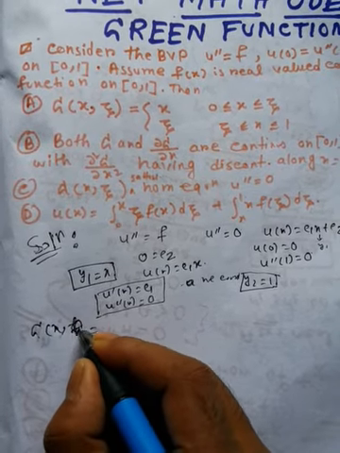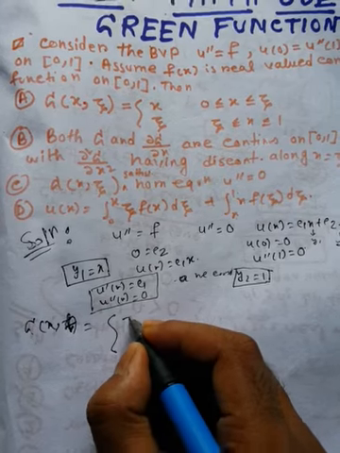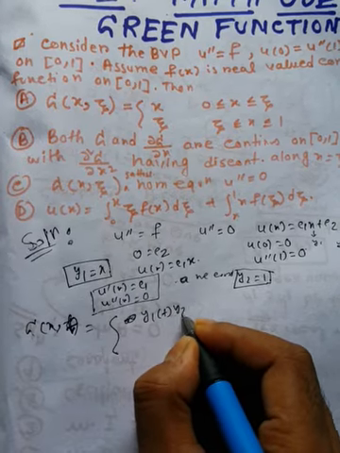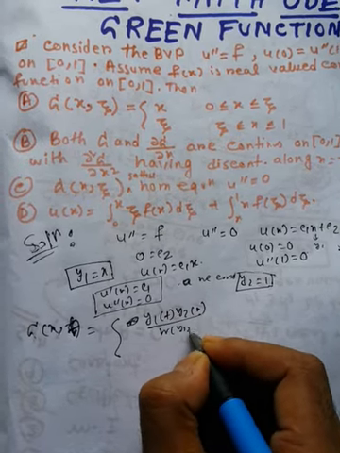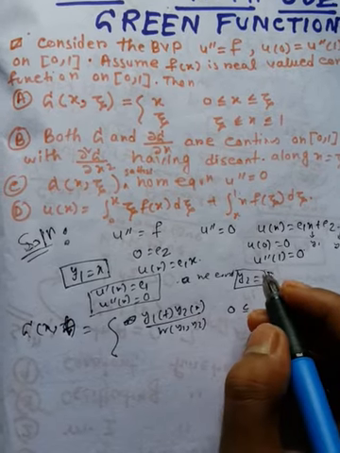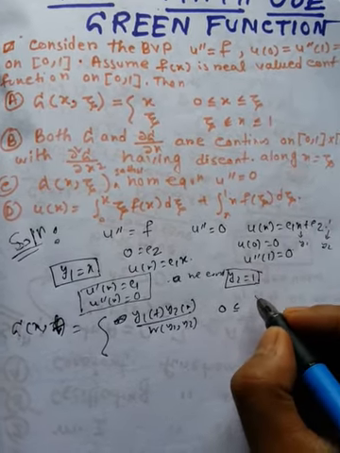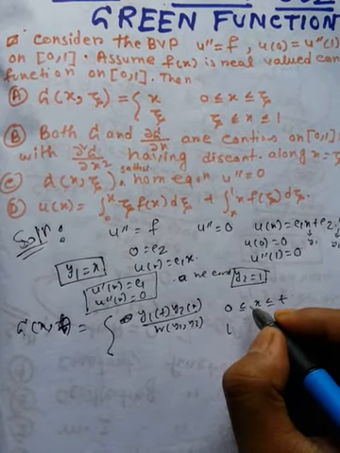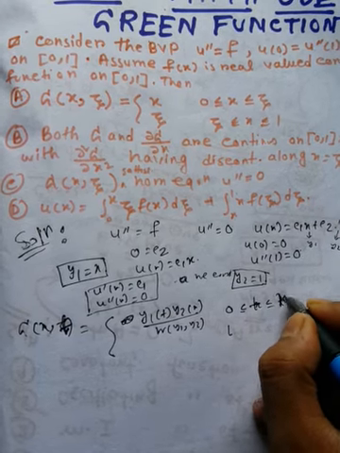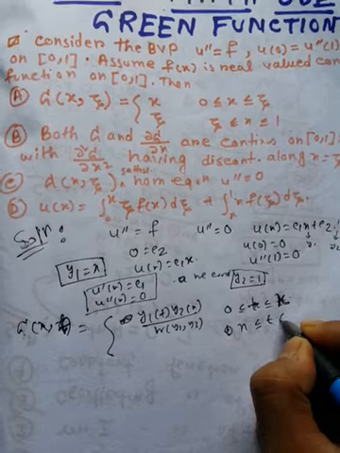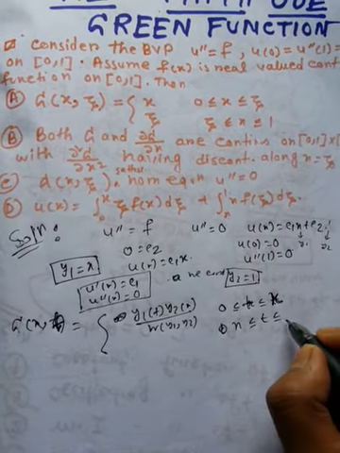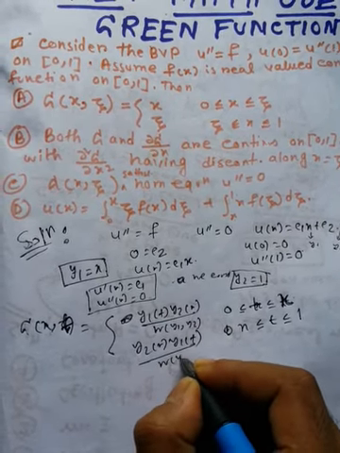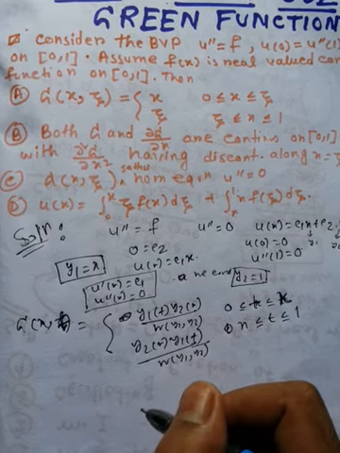G(x, t) equals minus y1(t) y2(x) by the Wronskian of y1, y2 for 0 ≤ x ≤ t, and for t ≤ x ≤ 1, at the last boundary condition at the point 1, minus y2(x) y1(t) by W(y1, y2).